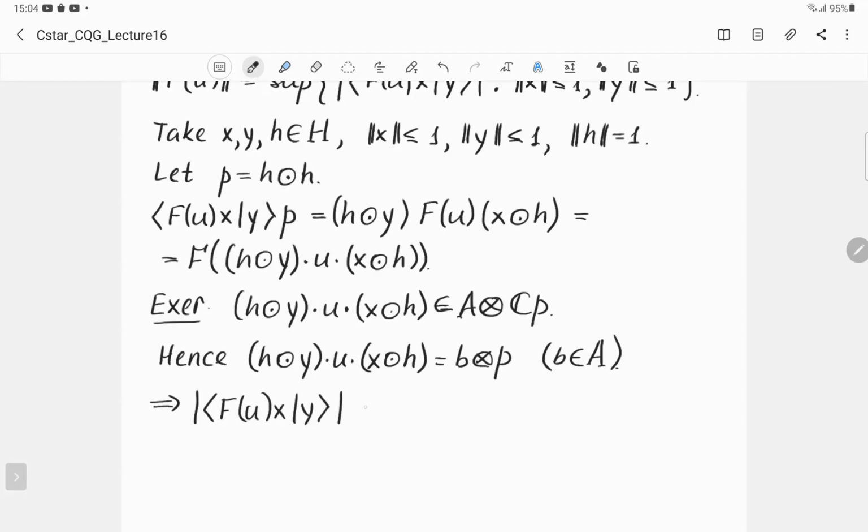So what is this? This is the norm of the following operator, because the norm of p is 1.